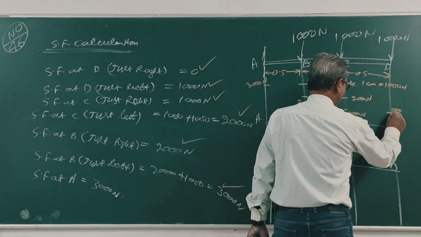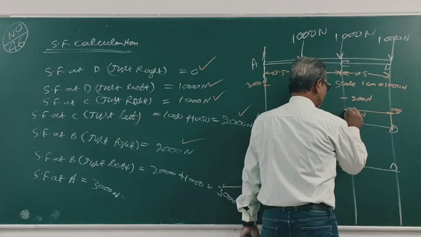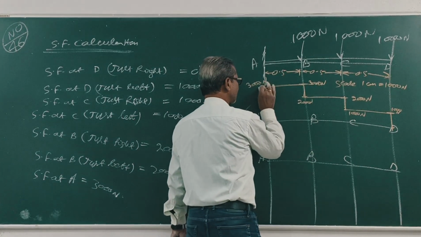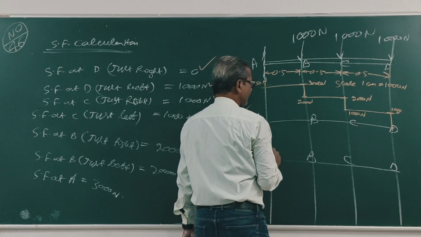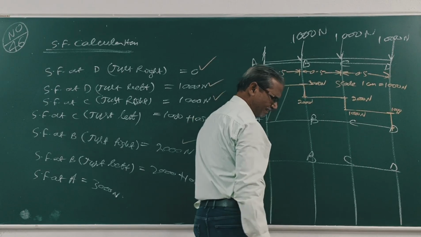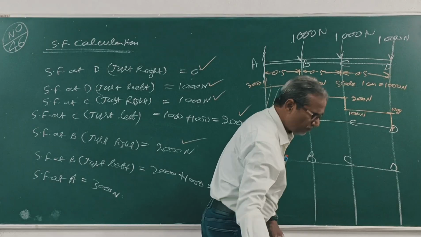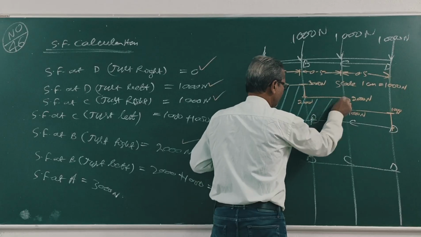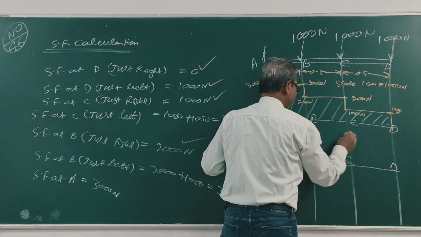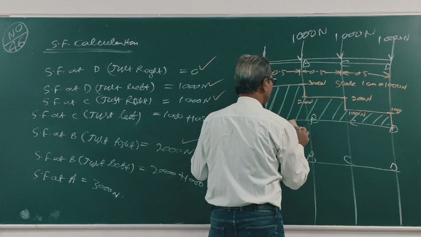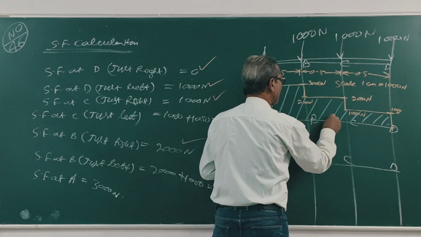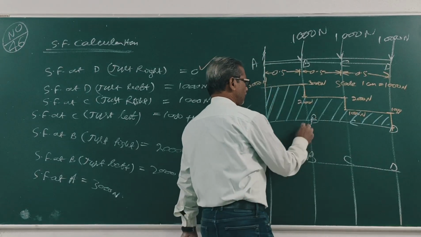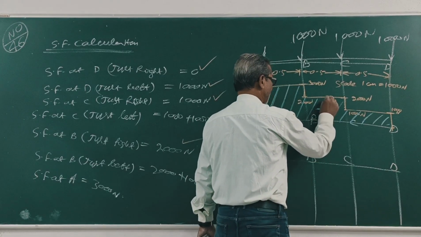Start from D right, then 1000, then 2000, then 2000, then 3000, then 3000. Clear? These are all positive.